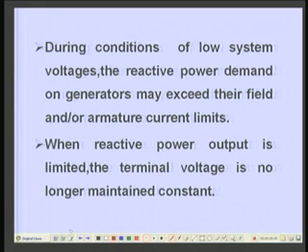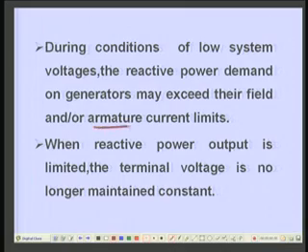Now, during conditions of low system voltage, because voltage stability problems come when the system voltage becomes low, the reactive power demand on generators may exceed their field or armature current limits. This is a very important point. Whenever you increase the reactive power demand on the generator, we have to increase the excitation current.